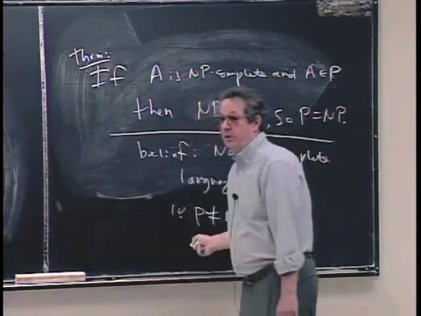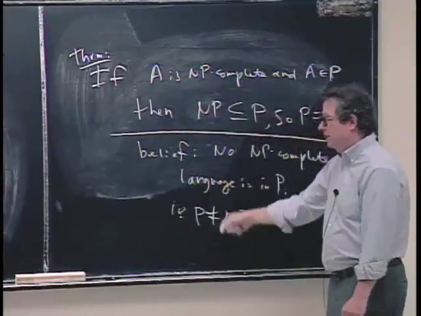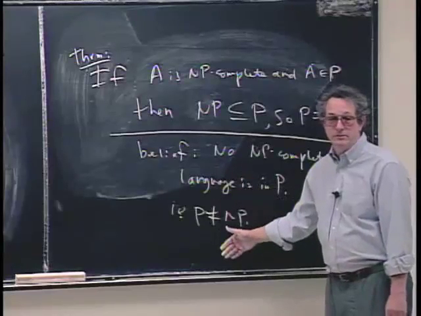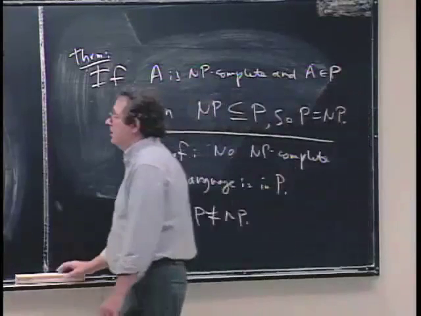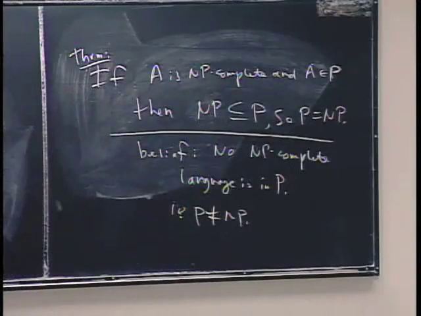But this is still an open question, not been proven, and there's a $1 million bounty on its head for anybody who can prove one way or the other. Okay? All right. Let's get to the next point about this.